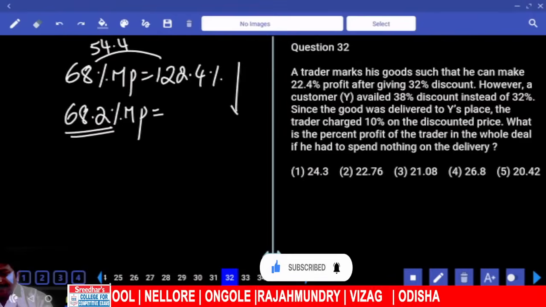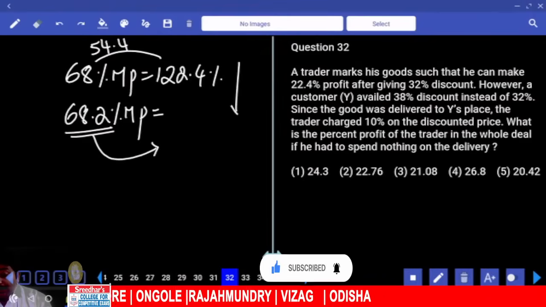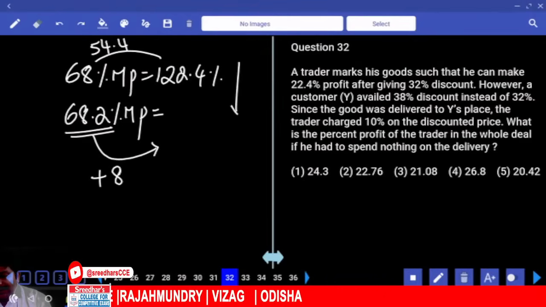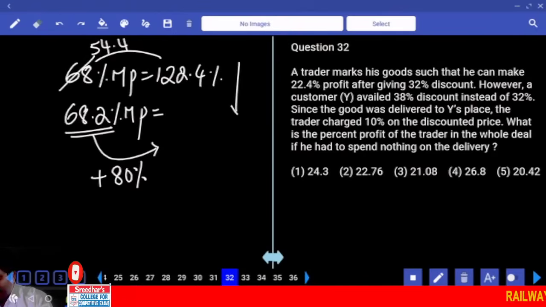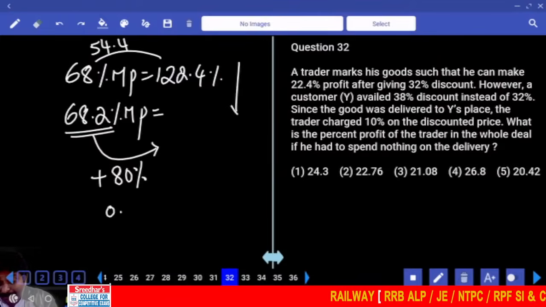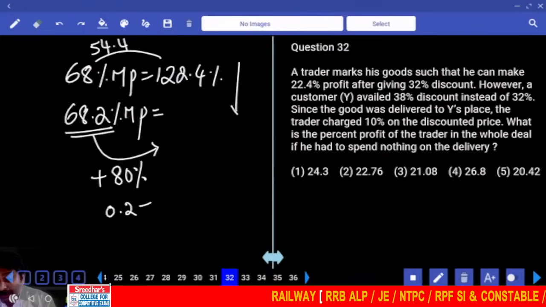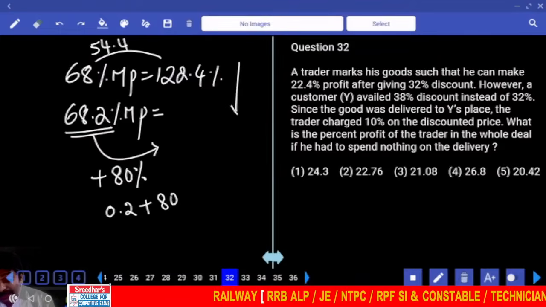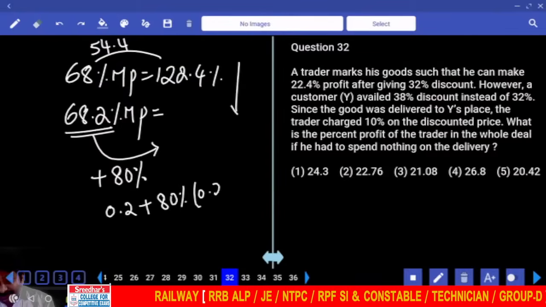To this number, you have to add 80%. Is it clear? The difference between the first number and the second number is 0.2. So, to the number 0.2, you have to add 80% of 0.2.